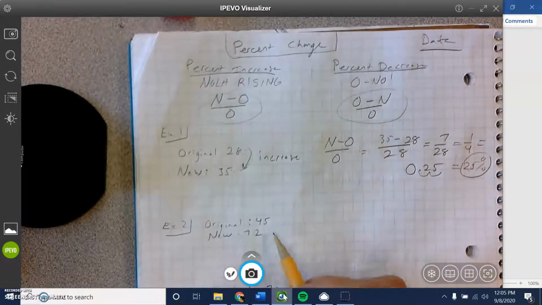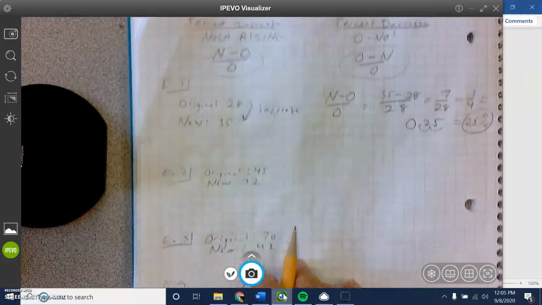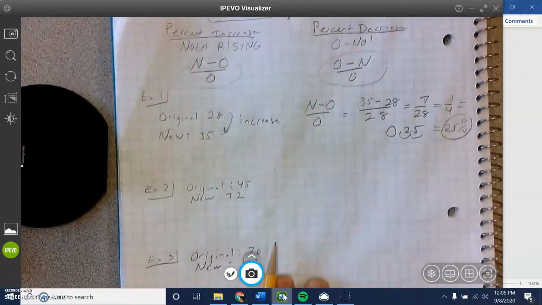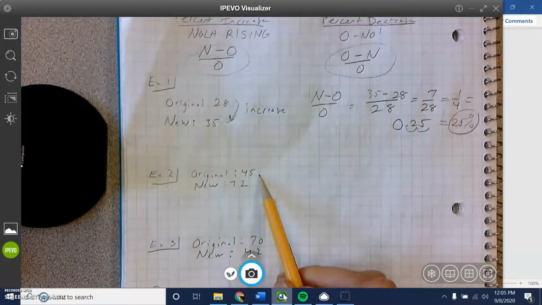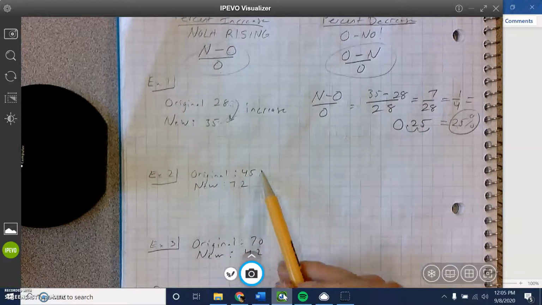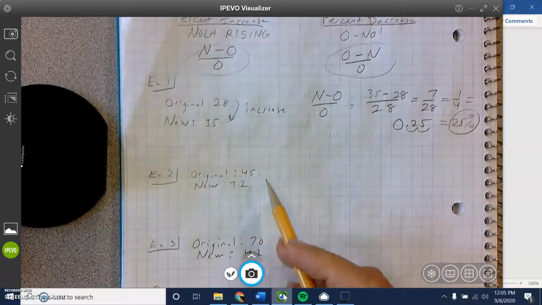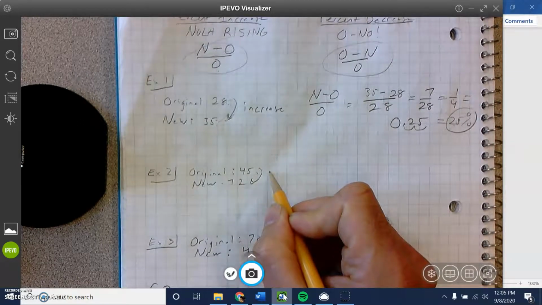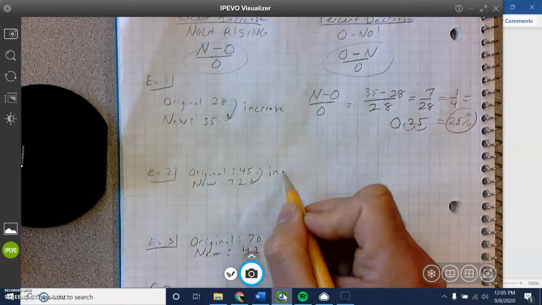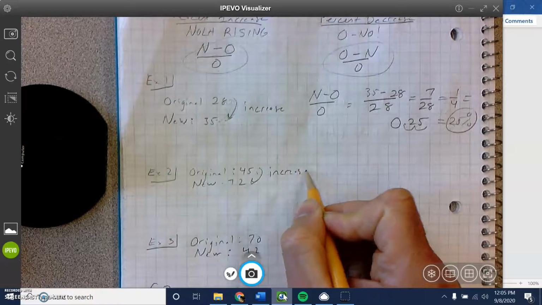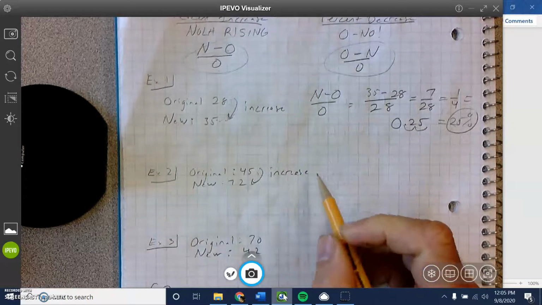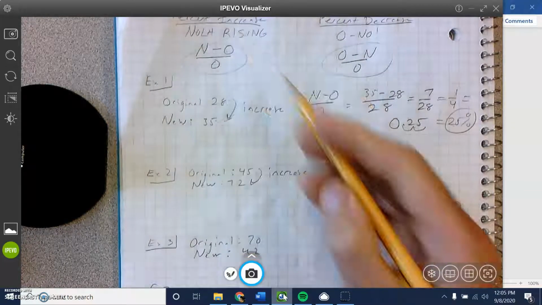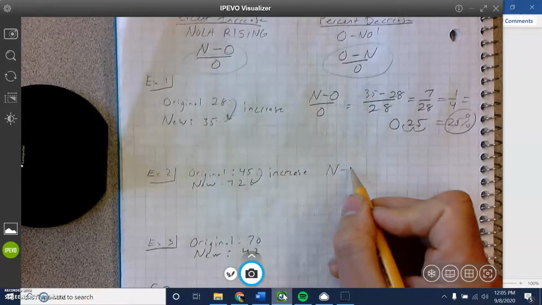All right, let's try another one. Example 2, write this down. So I have the original is 45 and the new is 72. So I went from 45 to 72. All right. Does this look like an increase or decrease? Yeah, increase. You're increasing. So that means I write down my formula.